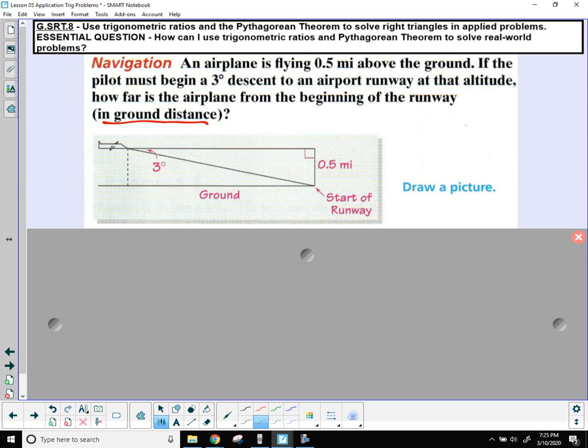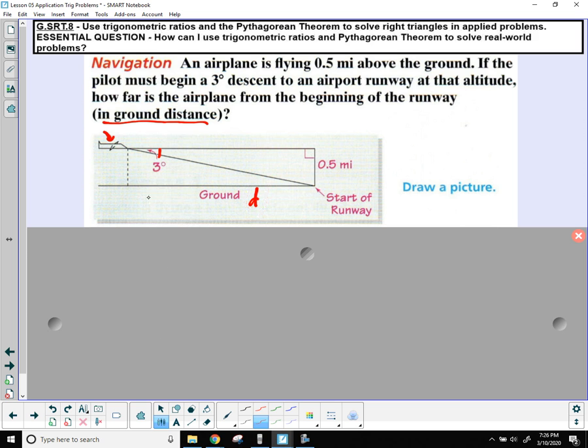Here's my airplane. Starting a 3-degree decline. Okay, it's 0.5 miles in the air. And we're looking for ground distance, this x, or we'll use d for the ground distance.